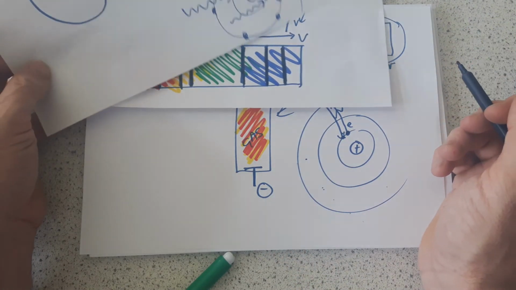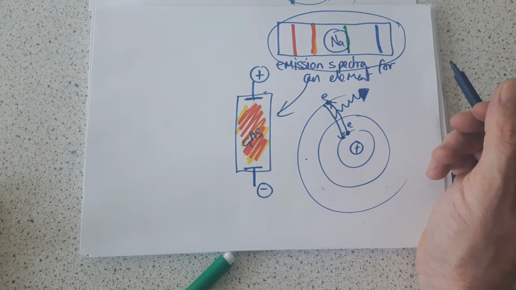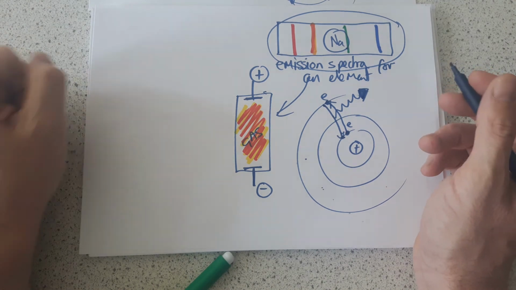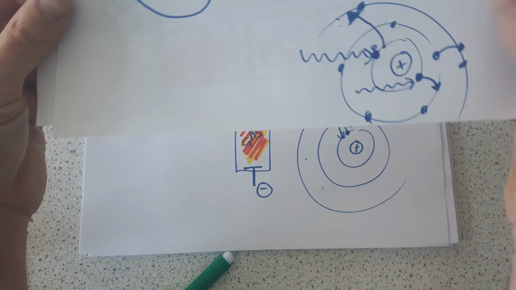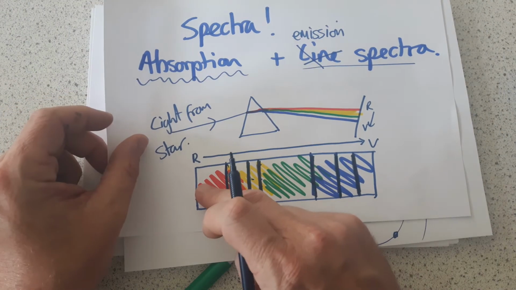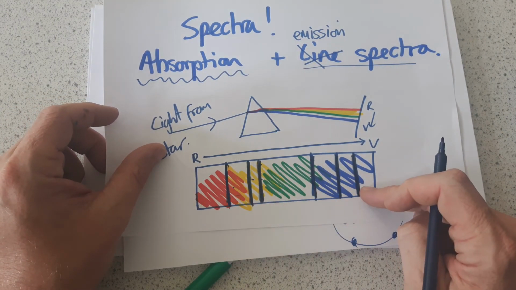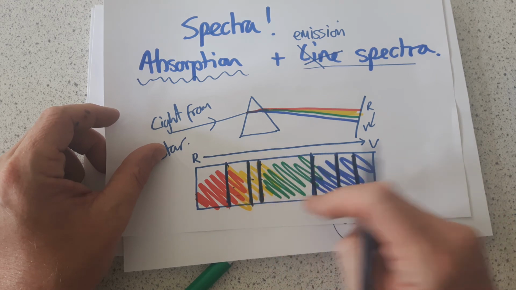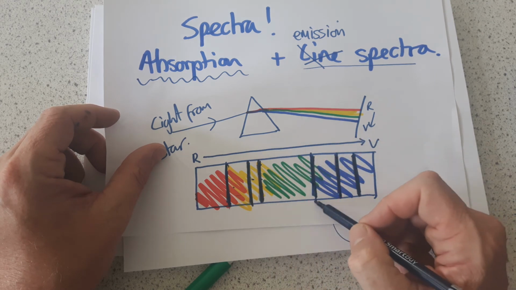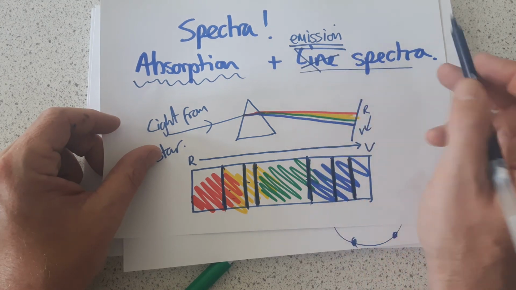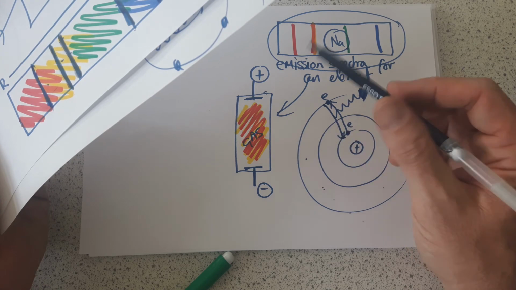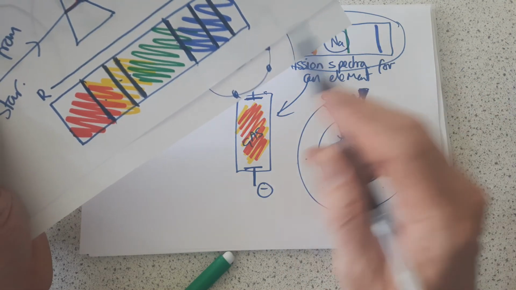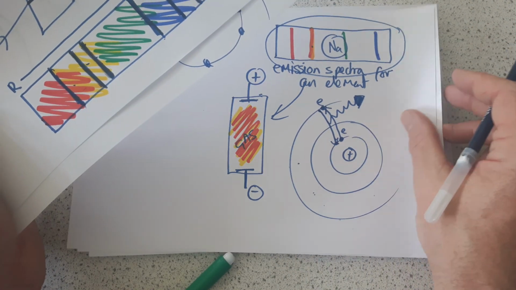So this idea of emission and absorption spectra enables us to find out what elements make up stars. The reason we can work out what's in the stars is because each star produces a unique pattern of absorption lines. We can match those absorption lines with emission lines from elements that we've excited in the laboratory, and therefore by matching the emission lines to the absorption lines we can work out which element or elements are within a star.